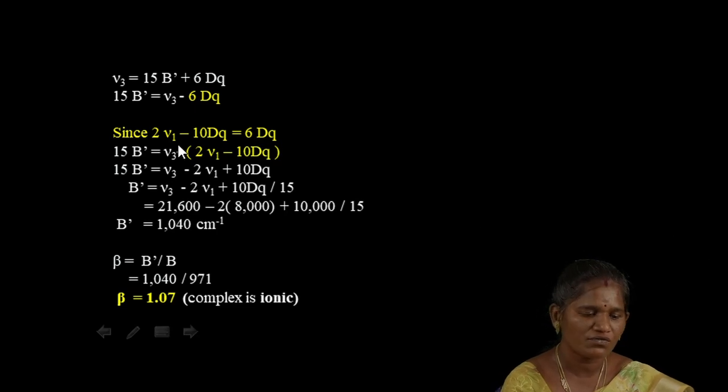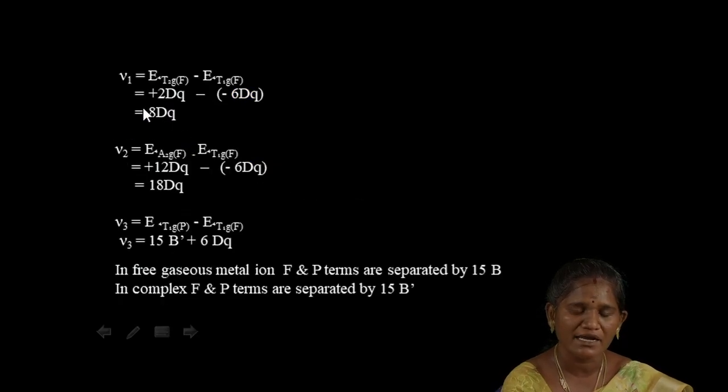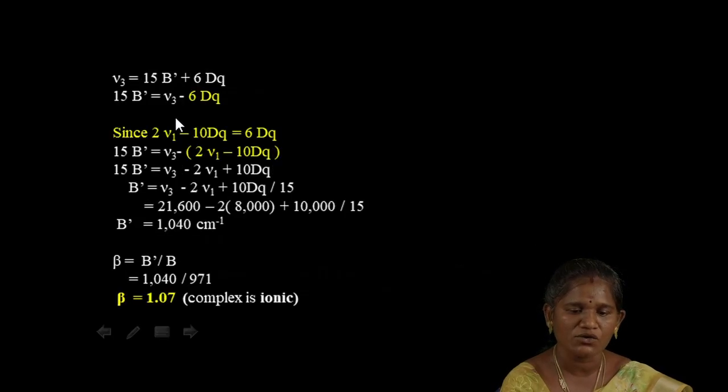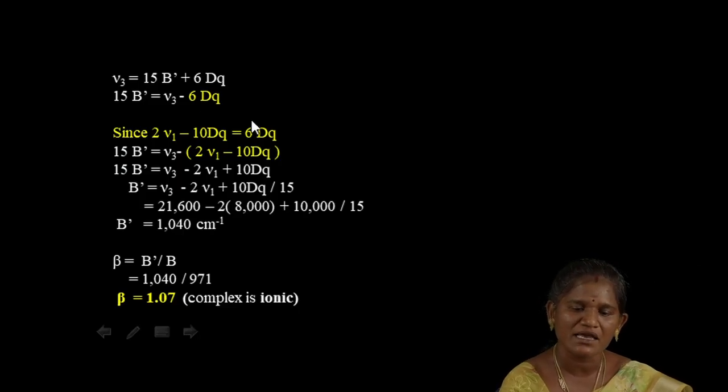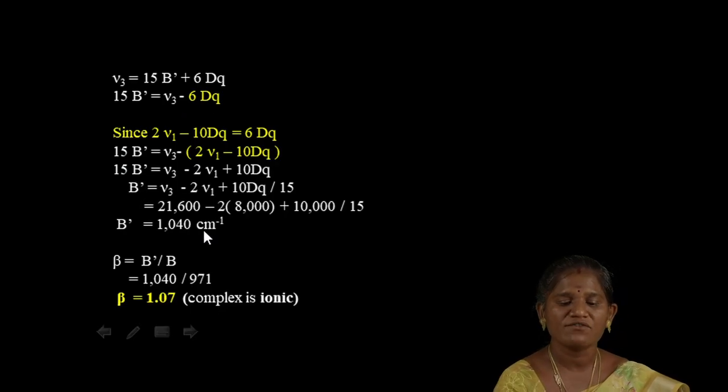We have nu 1 as 8 Dq, so 2 nu 1 is equal to 8 into 2, 16 Dq. So 16 Dq minus 10 Dq is equal to 6 Dq. In this way we can calculate the 6 Dq value. So by substituting this 6 Dq in the equation, we can get B prime as 1040 wave numbers per centimeter.